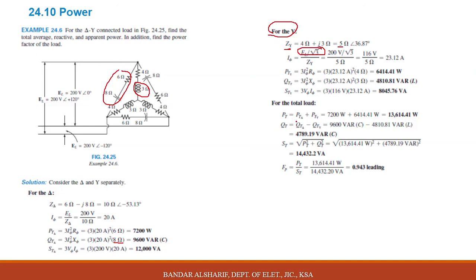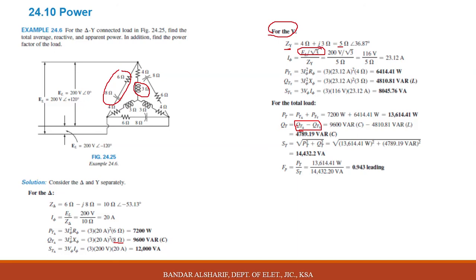Now the total: since active power is consumed in delta and Y, add them. You will get the total active power 13,614 watt. But for the total Q, we subtract Q delta minus Q Y. Don't memorize this, shabab. It is not always Q delta minus Q Y. It is the capacitor, or the greater one, minus the smaller one.